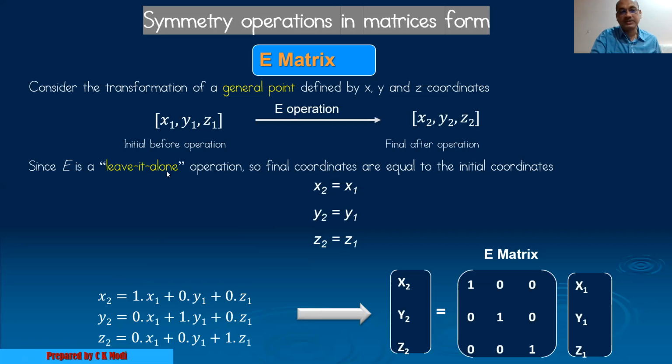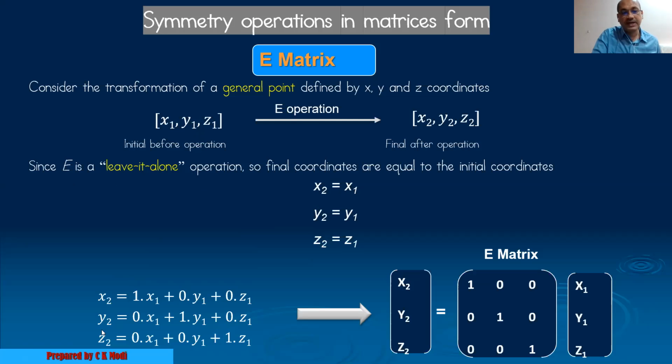But since E is a leave-it-alone operation, no change is made in the molecule. So x2 is equal to x1, y2 is equal to y1, and z2 is equal to z1. No change is made, they remain as they are.